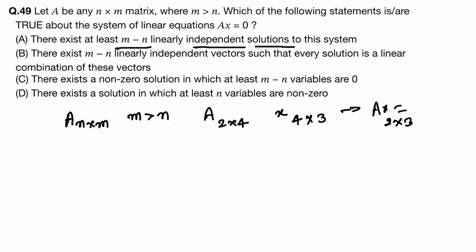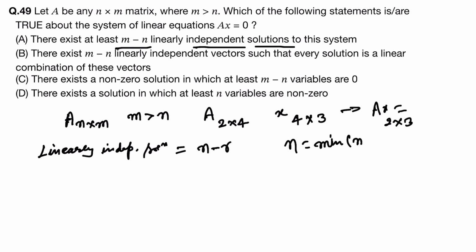So what it is asking: there exist at least m minus n linearly independent solutions to this system. So the number of linearly independent solutions will be n minus r. So n will be the minimum of m, n. Here this will be the minimum of 2 and 4.